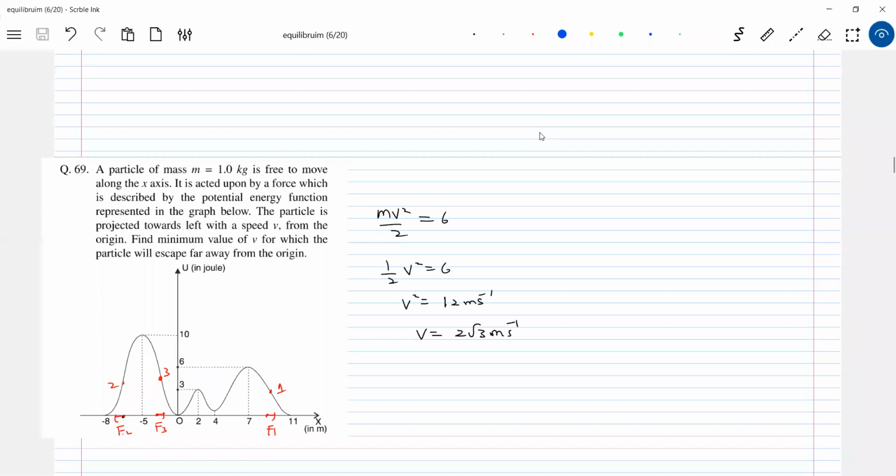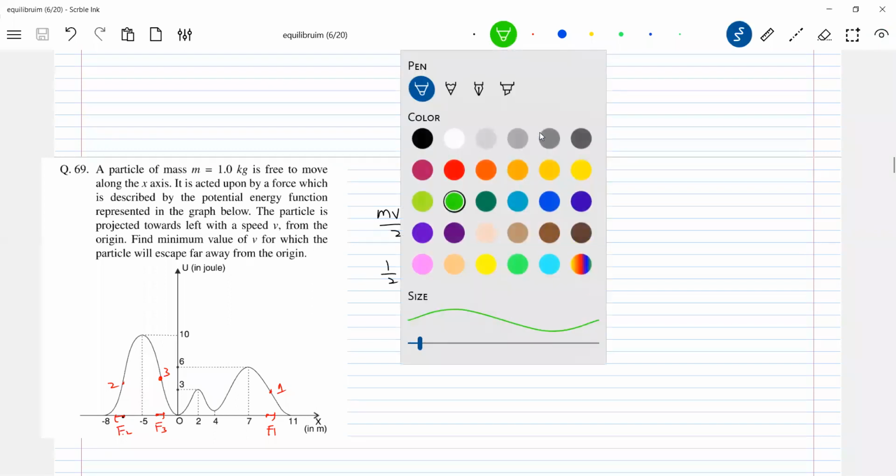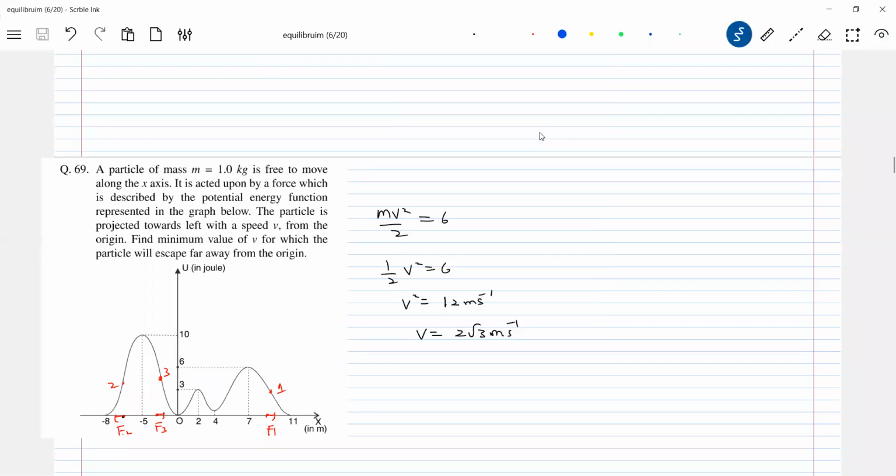We'll do one thing. I'll just take out that towards left part, because of the minimum. Let it be. I think the problem will now become a very good problem. If you project towards left, you should project with 10 joules. Even if I project towards left also, the answer will be 6 only.